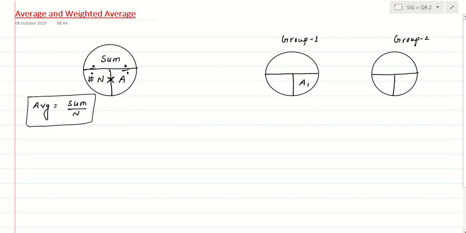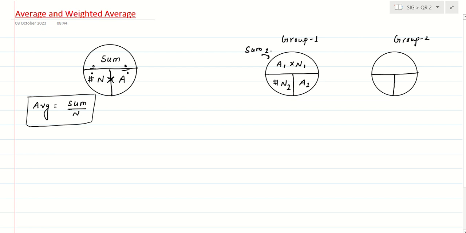So we have, of course, a first group. Let me take the average A1. You can assume the average of salaries of the first group of employees is A1, and the number of employees in the first group is N1, and I'll get the summation A1 into N1, which you can call summation 1.